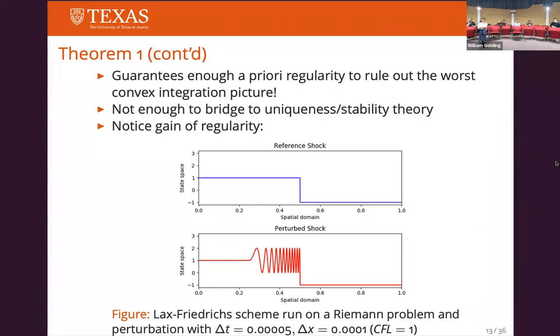So you shouldn't have something like this profile, because here I have a weak limit, but not a strong one in any sort of sense. It's not quite enough to get you to the whole uniqueness theorem, but it's a start.